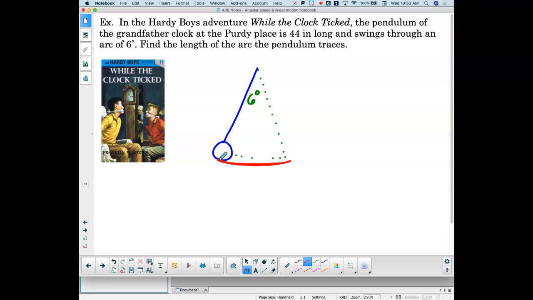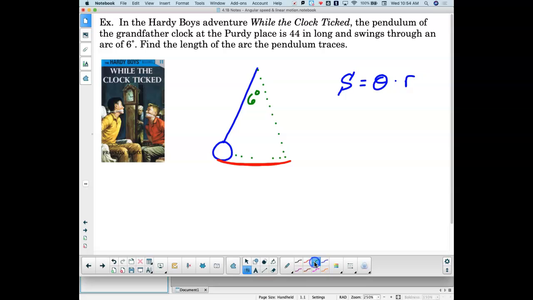What should we use? S equals theta r. What's the problem with using S equals theta r? We need it in radians. So theta's got to be in radians.